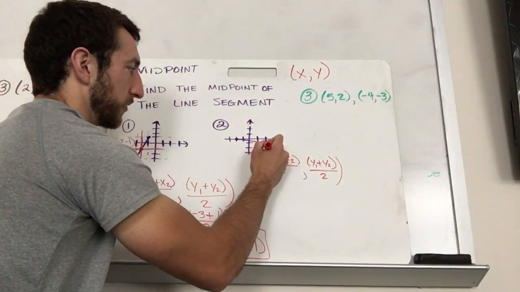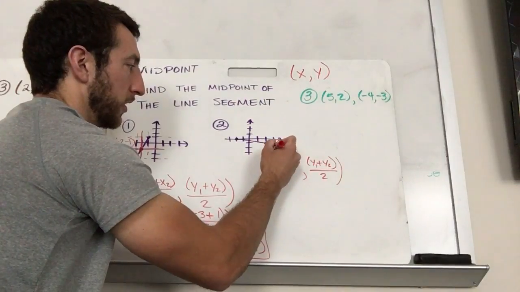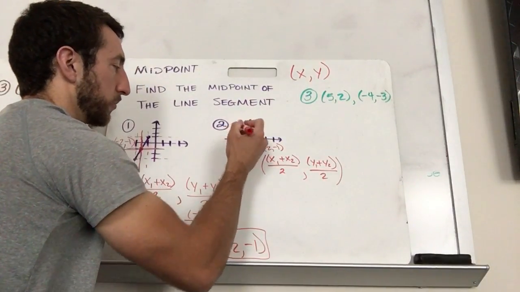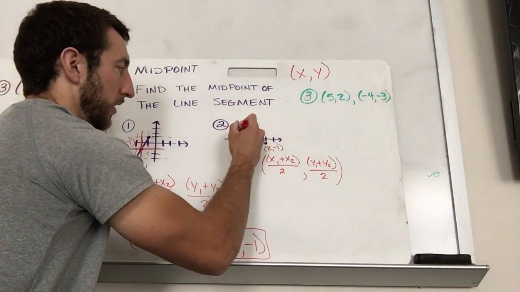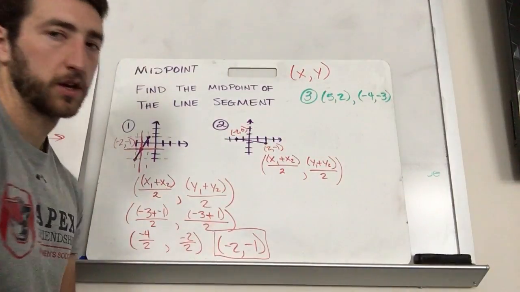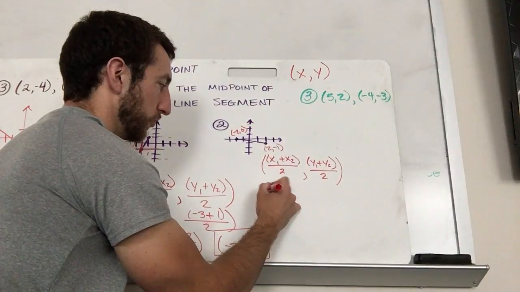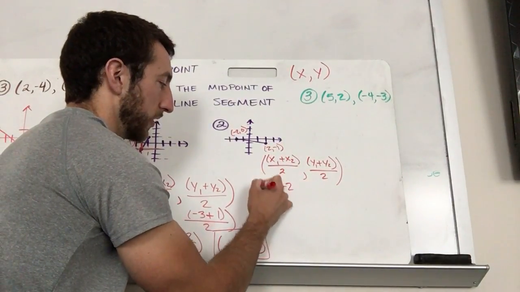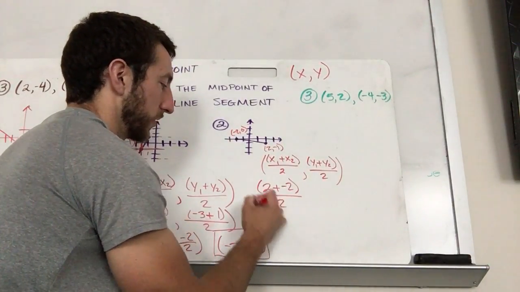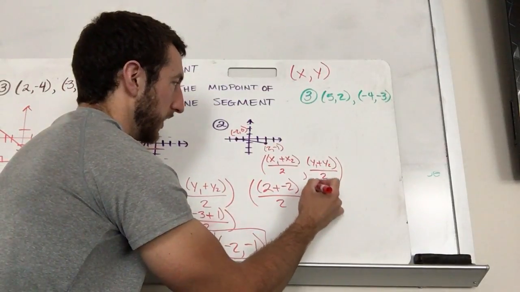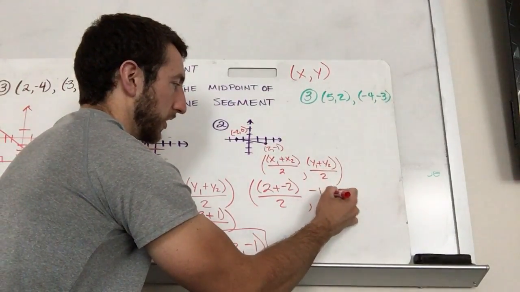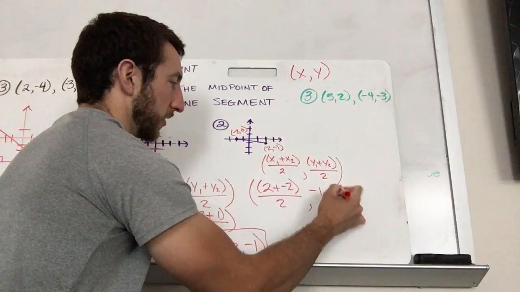So this point right here, that's 2, -1. And this point right here is -2, 0. So I'm just plotting my points on there. So my x's are 2 plus -2 divided by 2. And then my y's are -1 plus 0.